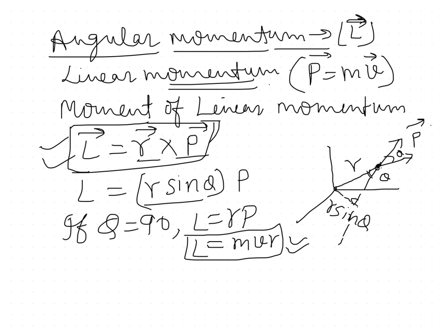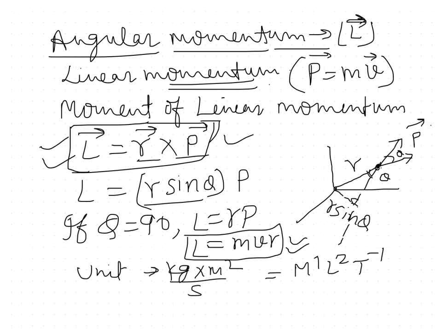Its unit is kilogram meter square per second, which is obtained from this formula, and we can also write its dimensions, which are M^1 L^2 T^-1. So in this way we can define angular momentum, which is the rotational analog of linear momentum.